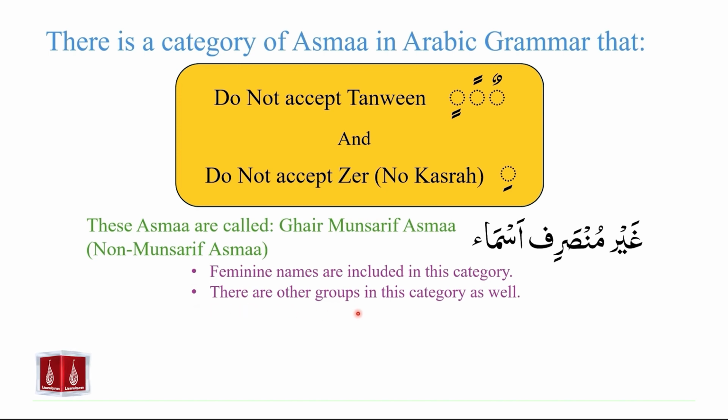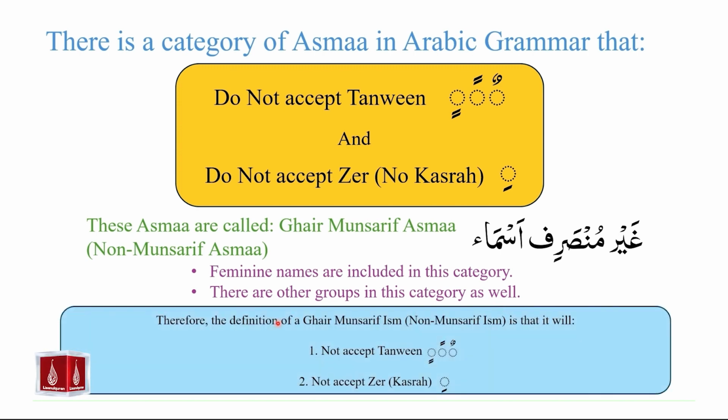There are other groups in this category as well, and we will inshallah be studying them in the later sections. Therefore, the definition of a ghair munsarif ism or a non-munsarif ism is that it will, number one, not accept tanween, and secondly, it will not accept zair or kasra.